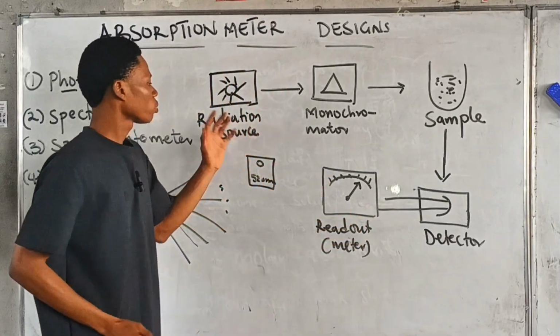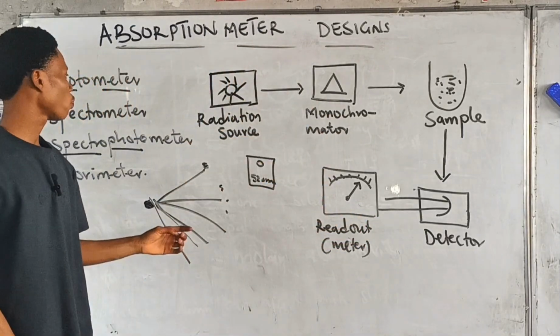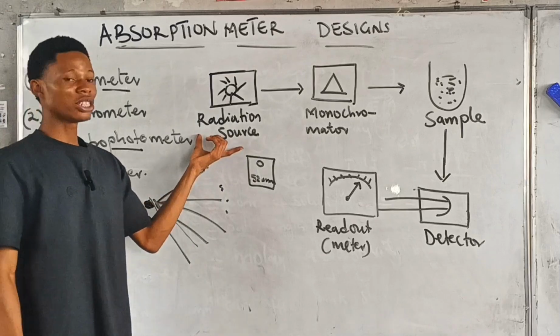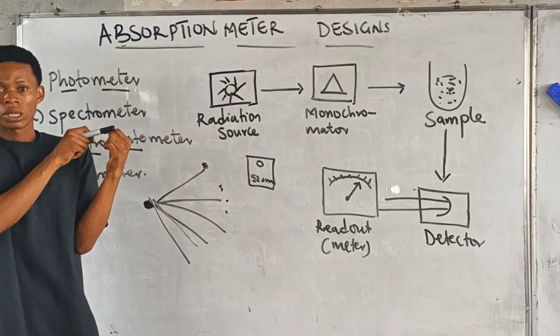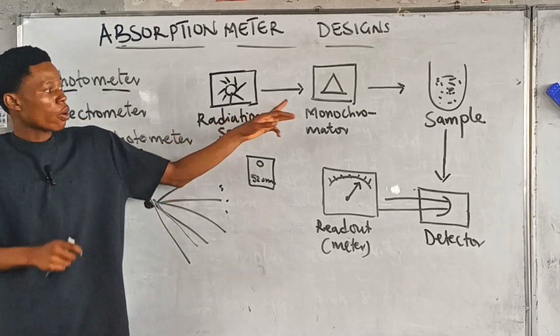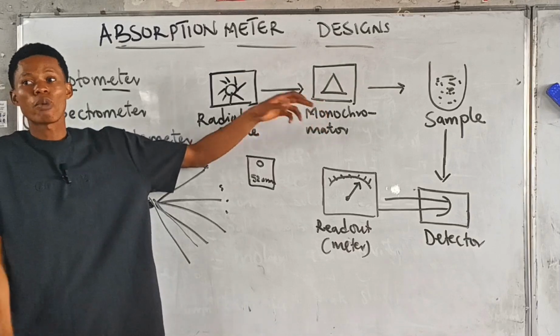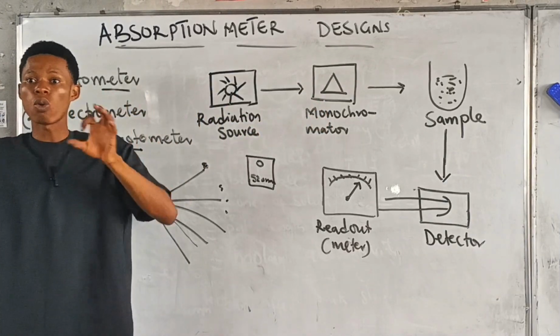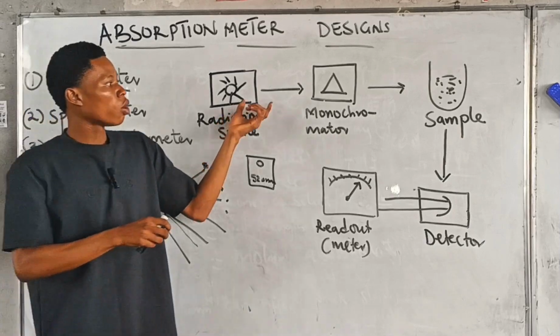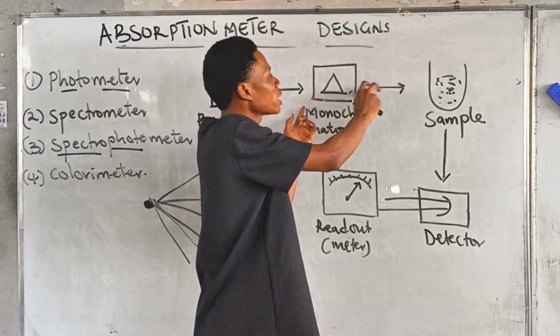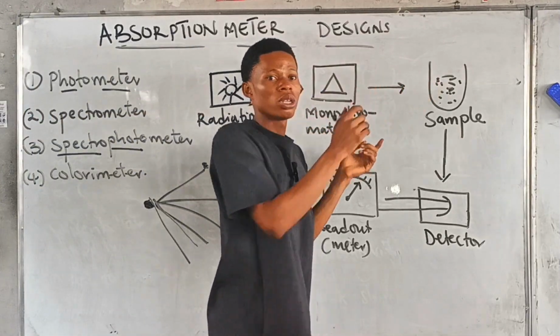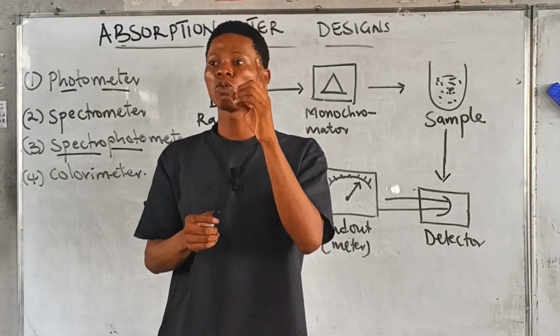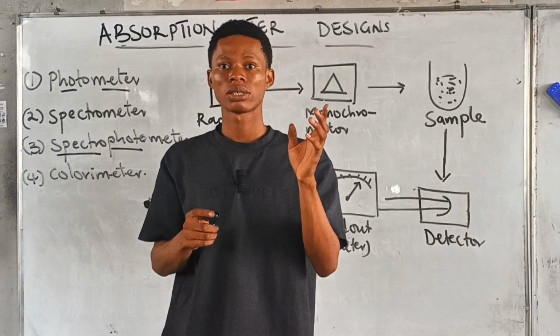Let's use this to represent our spectrophotometer. We have a radiation source, a source of light. In the spectrophotometer, we have a monochromator that isolates the different lights based on their wavelengths. What is a monochromatic light?